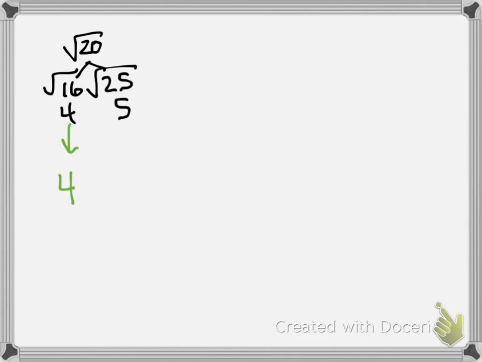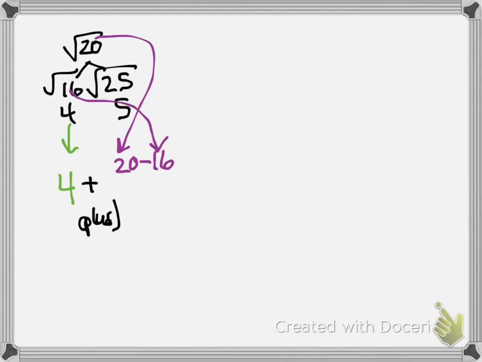So this strategy says you're going to add, so always a plus, and what you're going to do is reference back your number to the smaller number. So what I want to know is what's the difference between my number and the smaller square root.